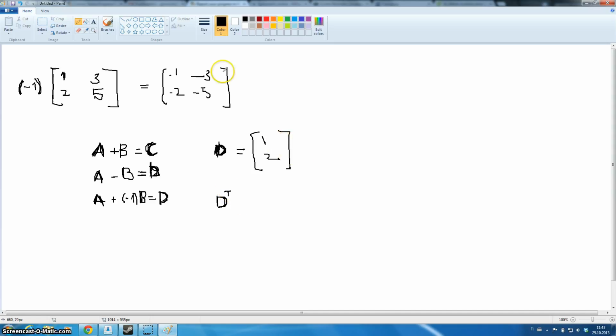Let's make a little more elements for this, so it's easier to show you.